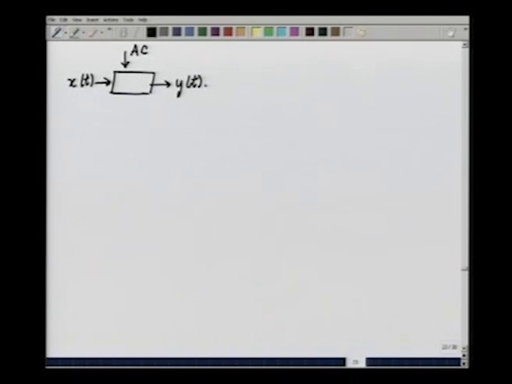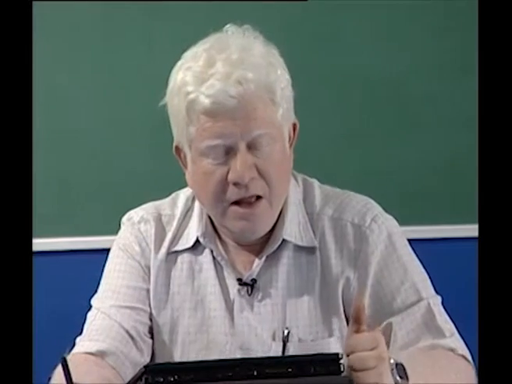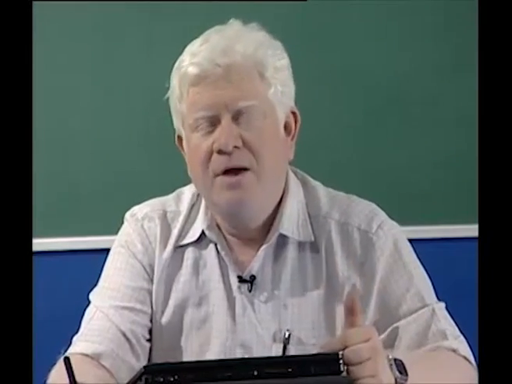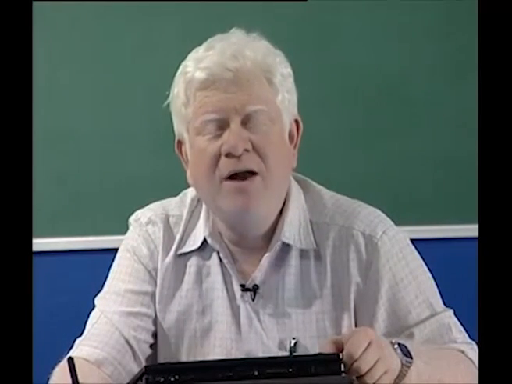This is the system we have. Now, suppose I wish to ask the question, if to this system I replace the input x(t) by x(t minus tau), what are the conditions under which y(t) will be replaced by y(t minus tau)?